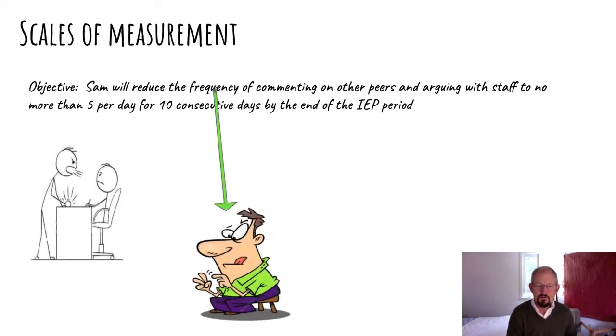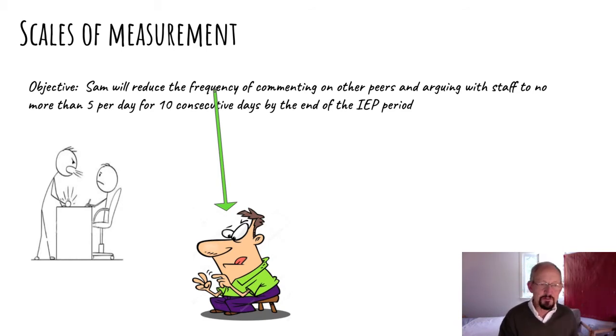Okay, so the first thing is, for our scale of measurement, we've labeled this as a frequency. So the frequency of commenting on other peers and arguing with staff. Now, if the child is doing, let's say in a school day of 6 hours, 10, 15 comments on other peers and arguing, maybe we're okay with a frequency count.